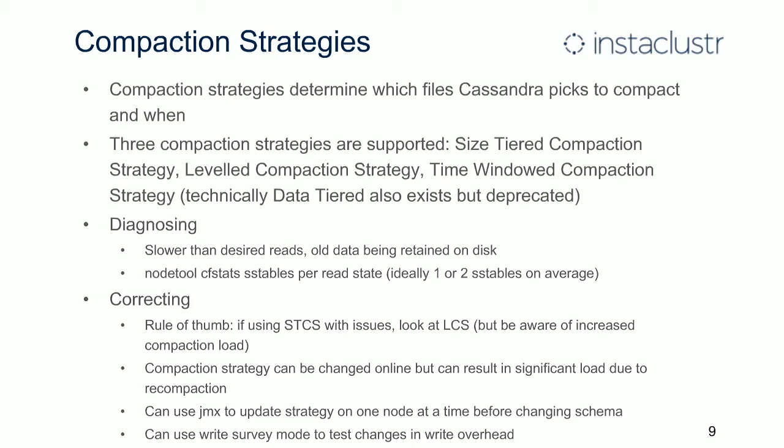There are three compaction strategies that are supported: size-tiered compaction strategy, leveled compaction strategy, and time-windowed compaction strategy. Time-windowed compaction strategy is basically a replacement for date-tiered compaction strategy, which still exists but is deprecated now. Time-windowed is sort of a simplified version.